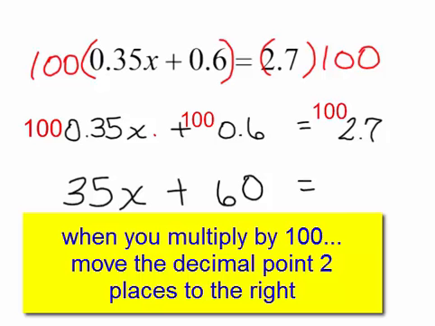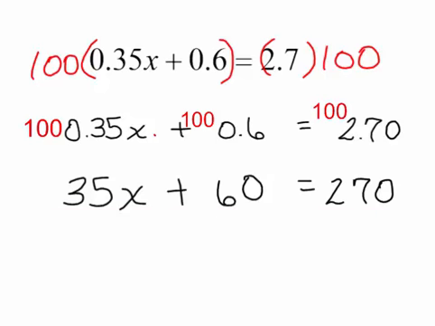And on the right side, 100 times 2.7, once again, I can add a 0, so I can move that 2 places to the right. That will be 270. And now we have gotten rid of the decimals, and we are down to a regular 2-step equation. Let's continue working.